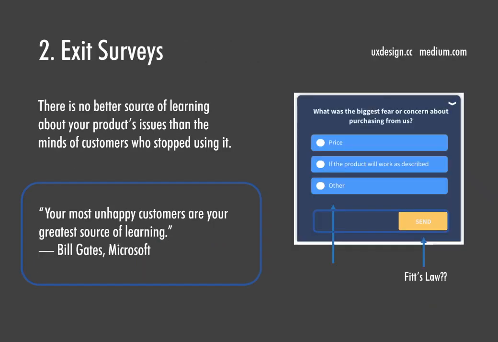The second one of the third research step is exit surveys. Well, as the name suggests, exit surveys. There's no better source of learning about your product's issues than the minds of customers who stopped using it. You can easily reach them via email after they stopped using your app for several days, or when they cancel their subscriptions.